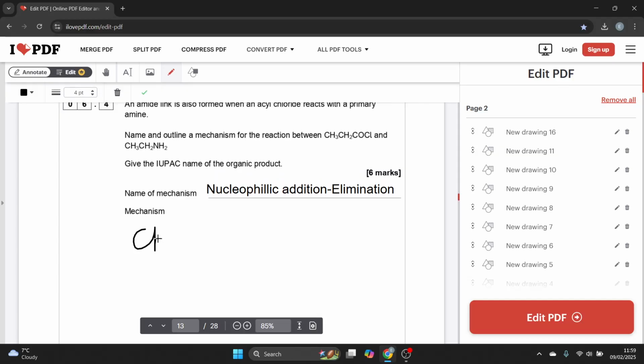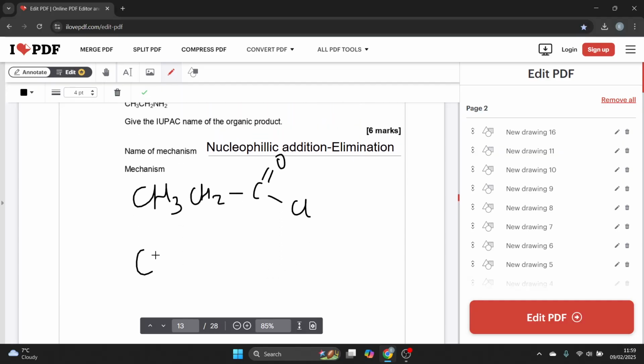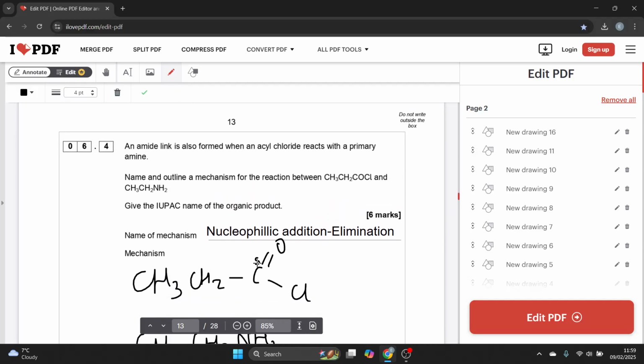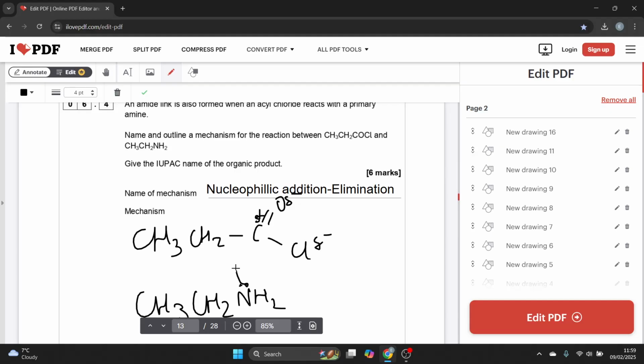So CH3, CH2, C double bond O, Cl, and I've got CH3, CH2, NH2. Remember, the lone pair of electrons in this case is on the nitrogen. This carbon is partially positive, this oxygen is partially negative, and the lone pair goes there.